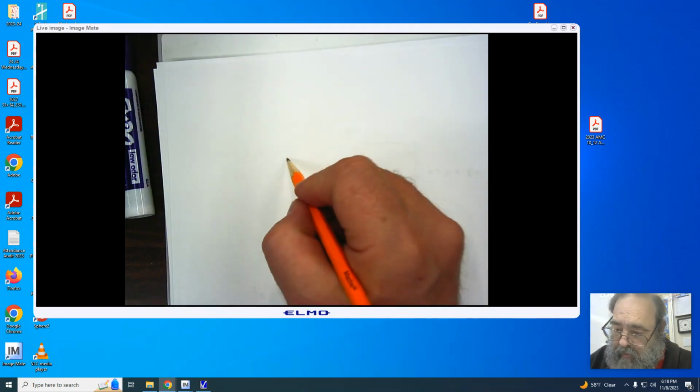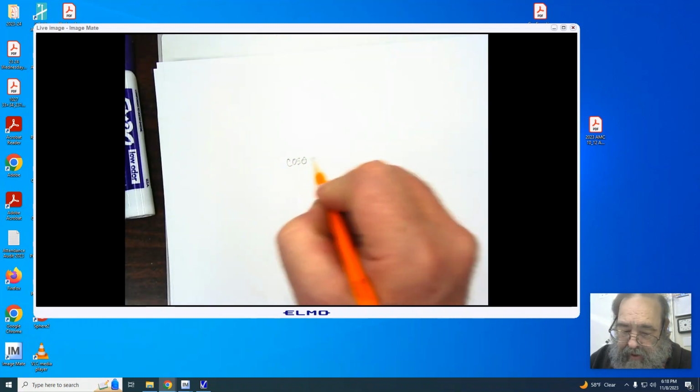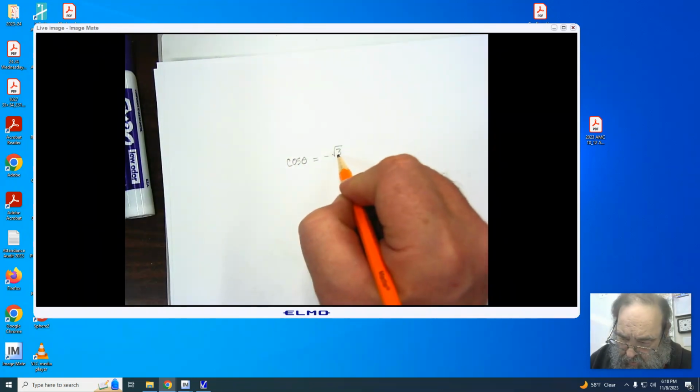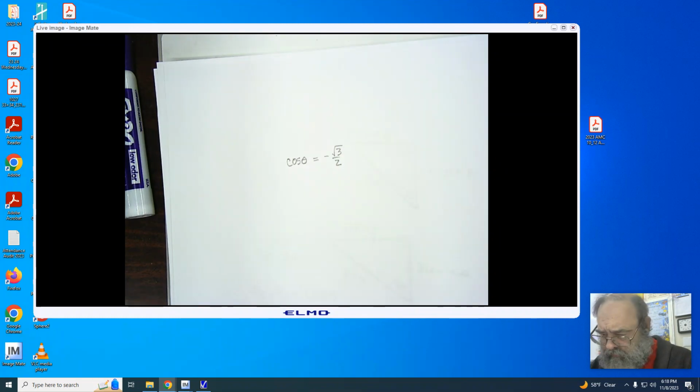The last thing that I'd like to talk to you about is how do we use our ratios in order to find our angles. For example, let's assume for the moment that I have cosine of theta and it equals negative root 3 over 2. Well, unfortunately, there are 2 possibilities for this angle.